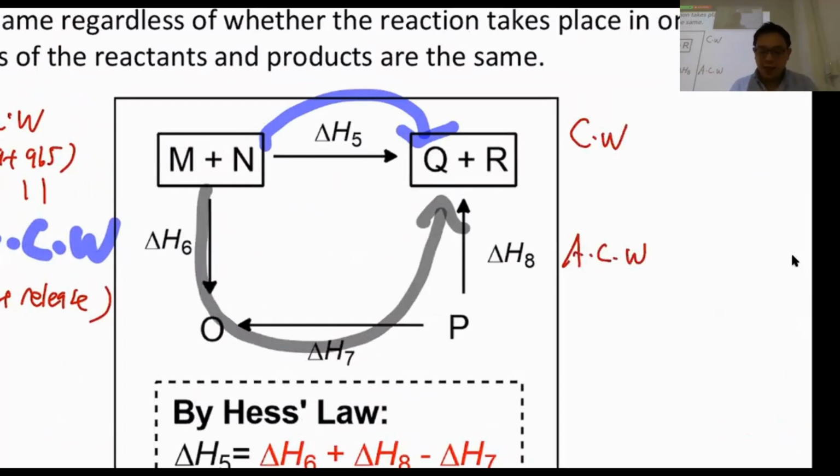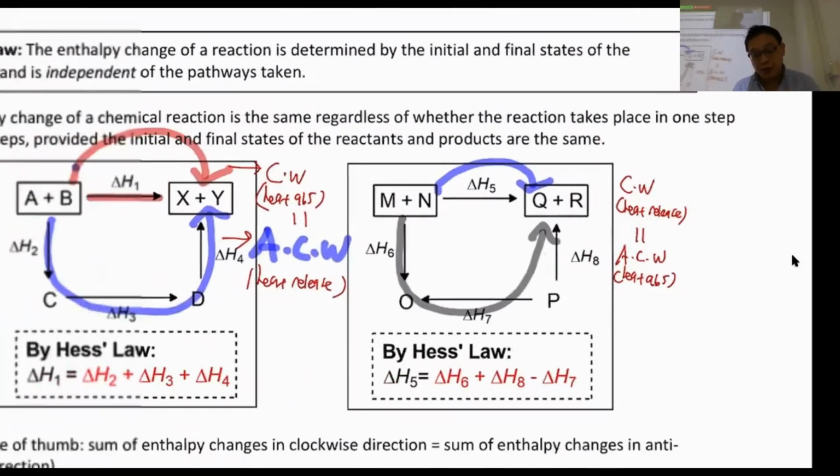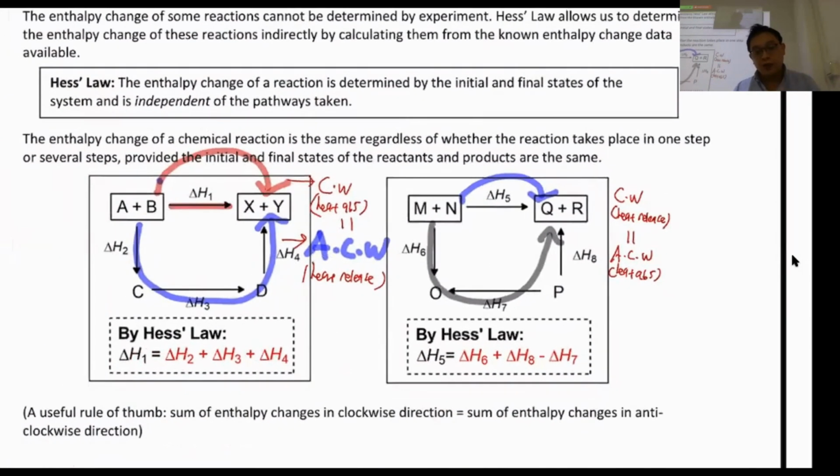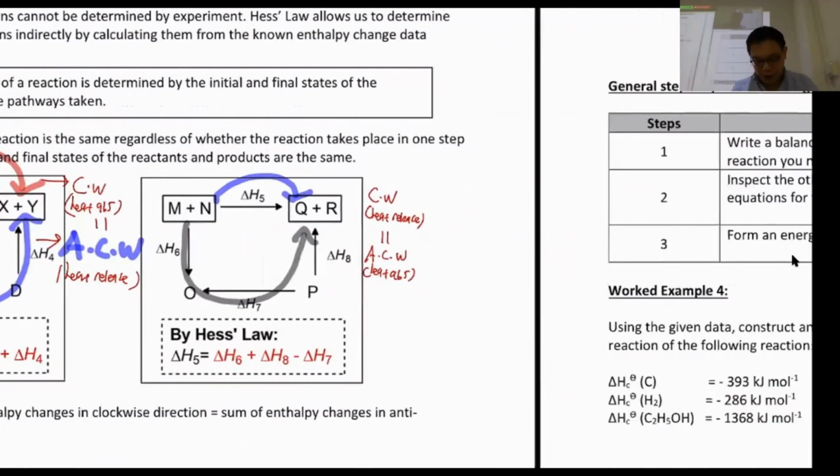This time, I can say that this is heat release, and this one will be heat absorbed. As long as you always equate heat release to heat absorbed, you can complete the entire system. So this is consistent with what you learned in concept number 3. Now, we're going to use this information to solve energy cycle questions. Remember, clockwise equals anti-clockwise. Let's take a look at the next page.